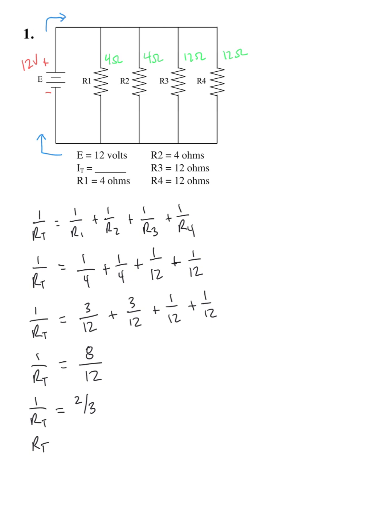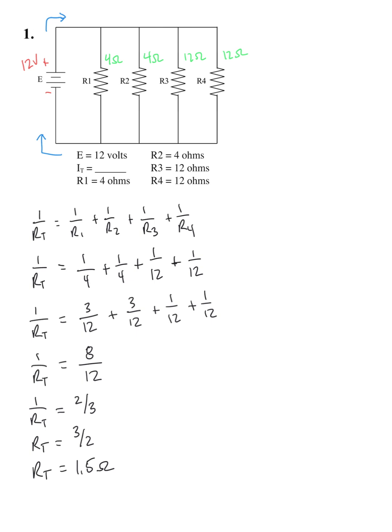And then, of course, we can do the inverse of this, right? So it'll become resistance total is equal to 3 over 2, or resistance total is equal to, what is that? 1.5, I believe, right? 1 and 1/2. Yeah, 1.5. Our resistance total is 1.5.